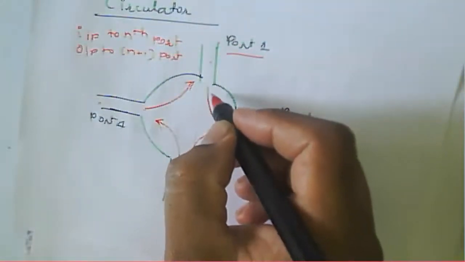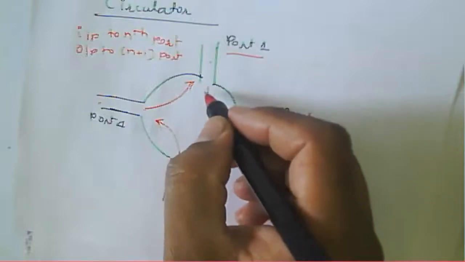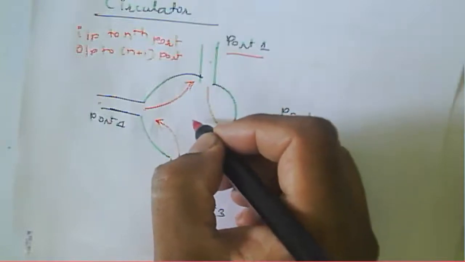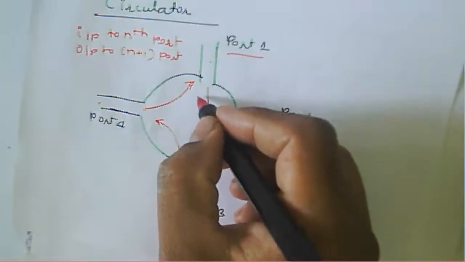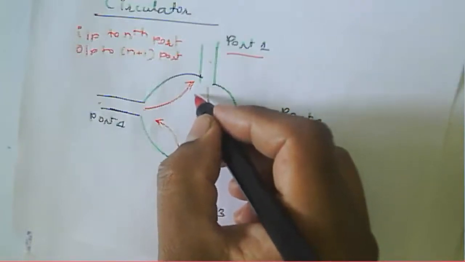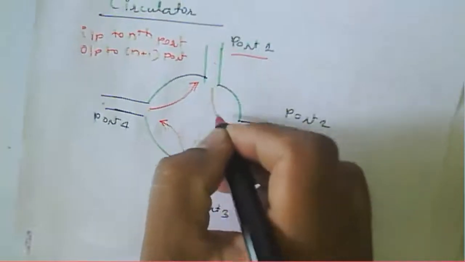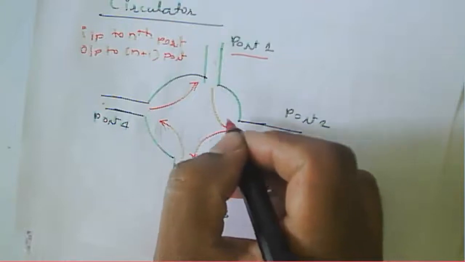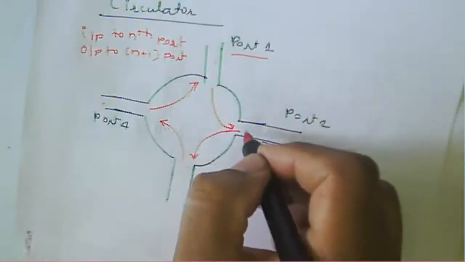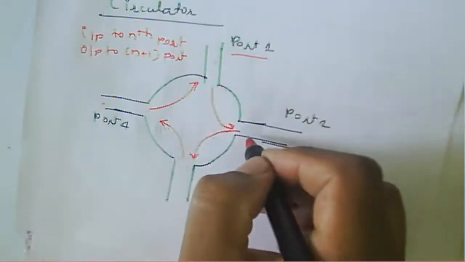When we provide the input to port 1, internally it has a phase shifter there. When a signal is propagating through this, a phase will be added, so the same phase will be equal here.